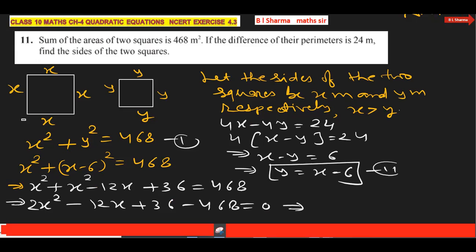And finally, we can write here 2x square minus 12x minus 432 is equal to 0.